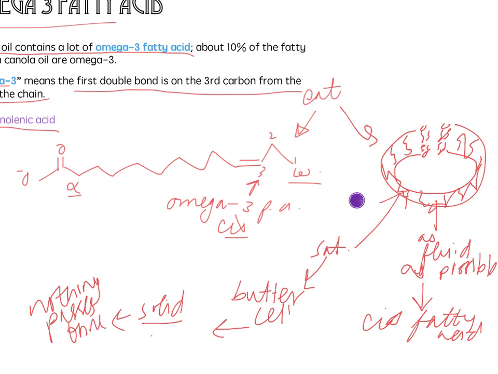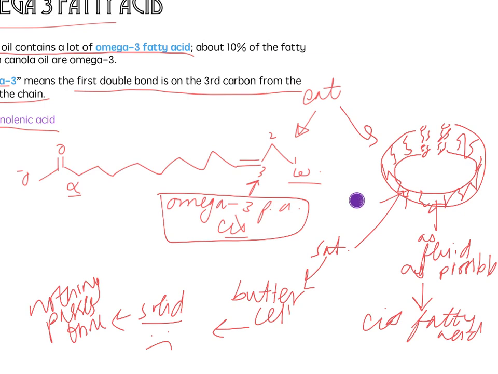Solids tend to be a bad thing in your body. We tend not to want to have solids. Think about kidney stones and calcium deposits and all sorts of things that end up being solid in your body. You don't want that. Anyway, when you draw your omega fatty acids, make sure that you always draw them cis, because omega-3 fatty acids are good for you when they get incorporated into your membranes.